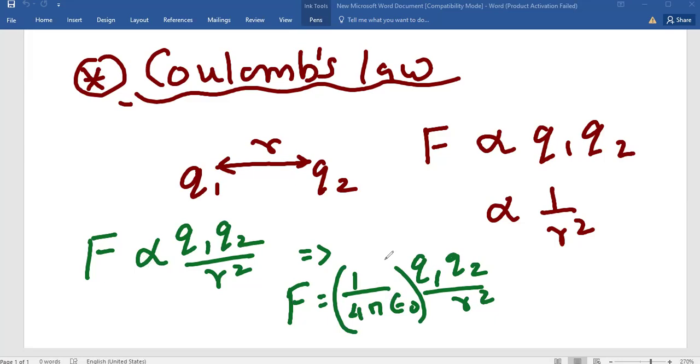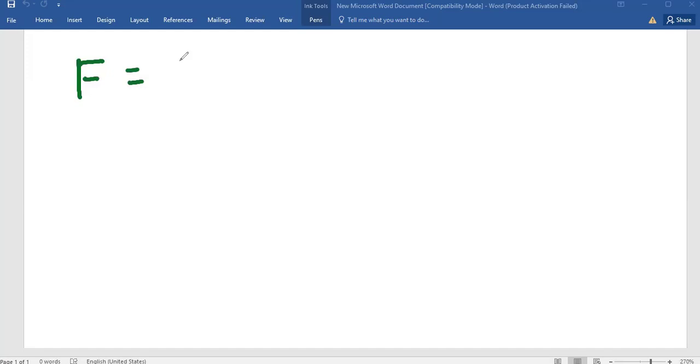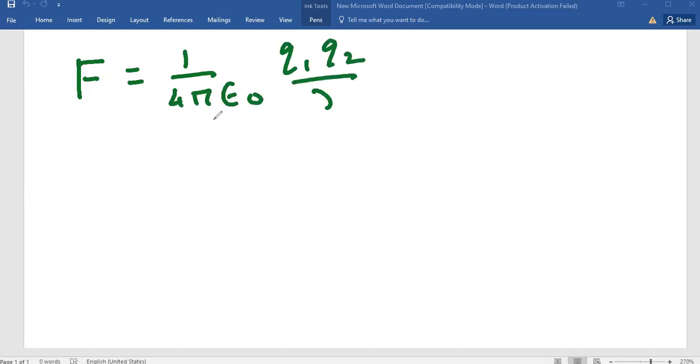Now, what is this 1 by 4 pi epsilon naught? It is called the electrostatic constant. So we can write that force of attraction or repulsion between two charges is given by 1 over 4 pi epsilon naught Q1 Q2 by R squared.